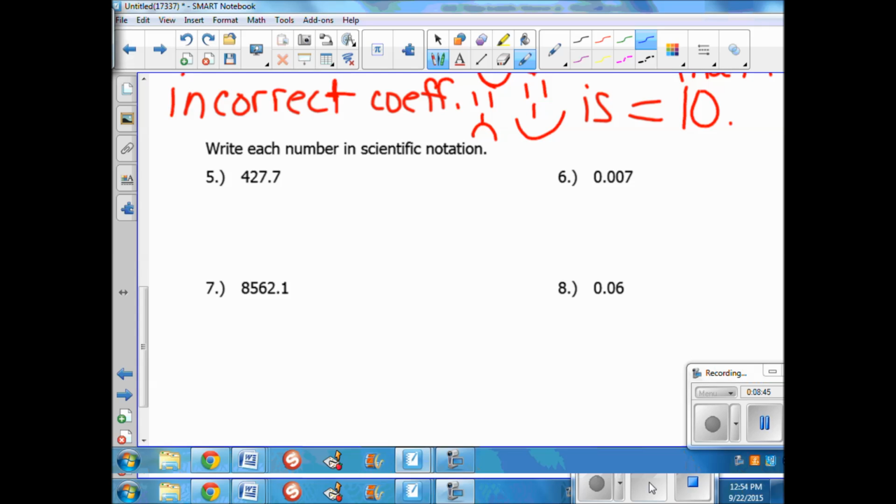0.01, that's our hundredths. Okay, I should move that over. I'm running out of space a little bit there. Oops, I'll rewrite that. So 0.1, there's our tenths. There's our hundredths.